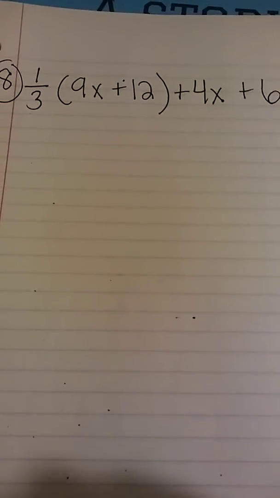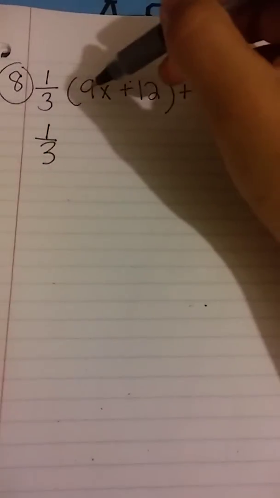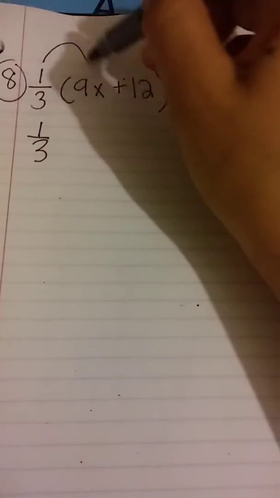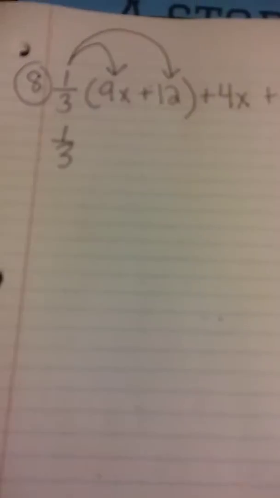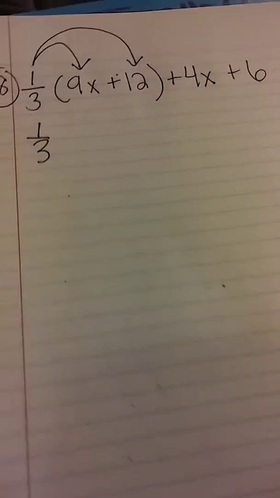So we have 1/3, and since this is a fraction, we're going to turn this 9x into a fraction, because we have to do 1/3 times 9x, then 1/3 times 12, okay? So you have to get rid of the fraction as well as the parentheses. So we have 1/3 times 9.